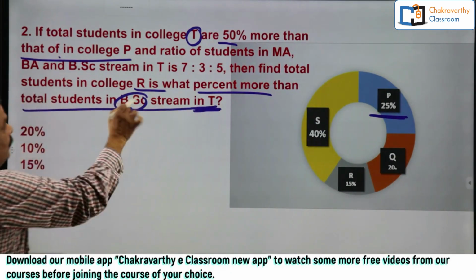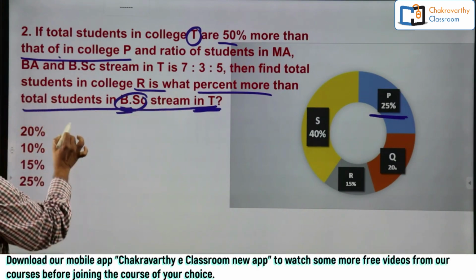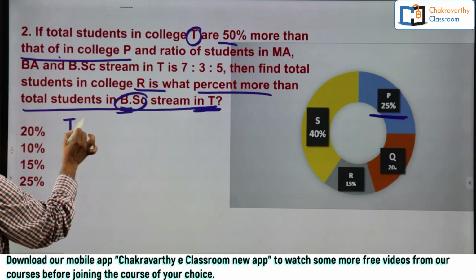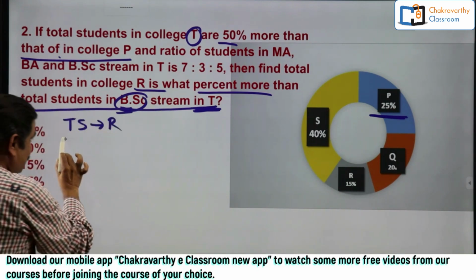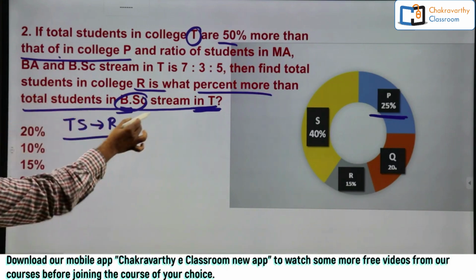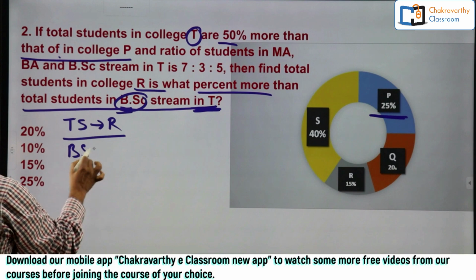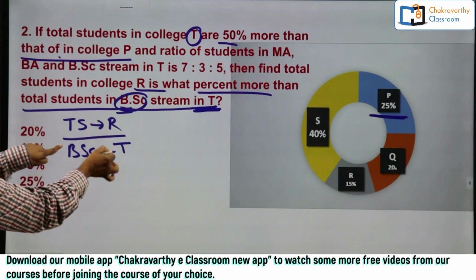That means here total students in college R, finally what I need to do, total students, I am writing TS, total students in college R divided by in comparison with what, BSc stream students in college T. Alright, you need to find out the percentage here.